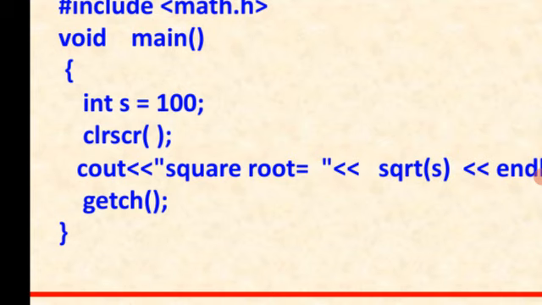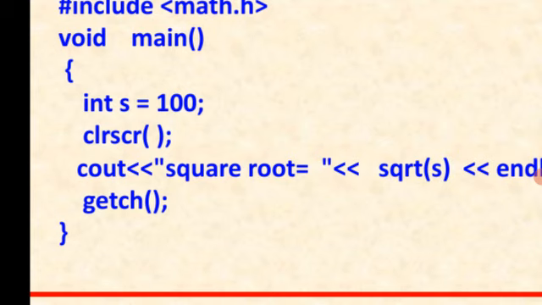After that we have the clear screen function, you know that. Then I have taken the statement cout square root of 100. I want to find it. You know that the square root of 100 is 10. The answer will be 10. To find that answer, I am using the ready-made function.